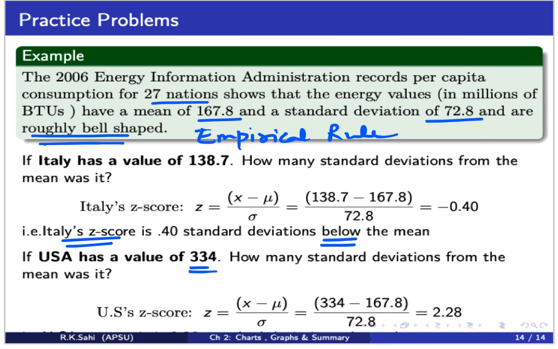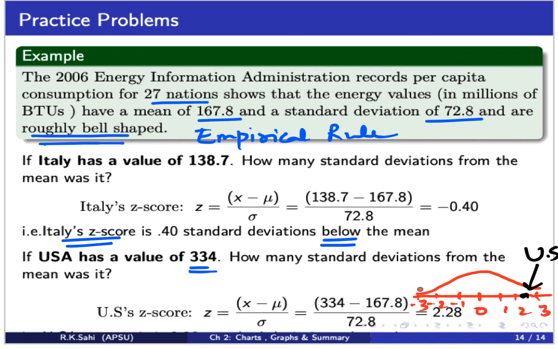So if I want to draw a nice little bell-shaped curve here, it says roughly bell-shaped, so we can do it like this. Remember, for the z-scores, it is 0, 1, 2, and 3. So the US at 2.28 is somewhere here. That's the US. Whereas Italy is, so this is -1, which means 1 standard deviation below the mean, -2, -3.